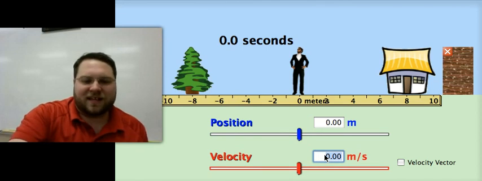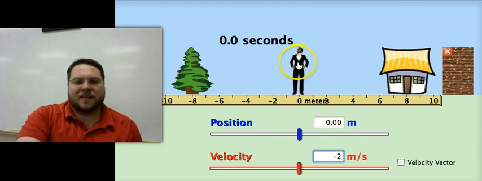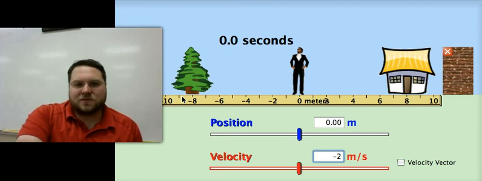So if I give him a velocity of -2 meters per second, that means he's going to move at a speed of 2 meters per second to the left. So notice that velocity has to have a direction as well as a number, and that's the difference between a scalar and a vector.